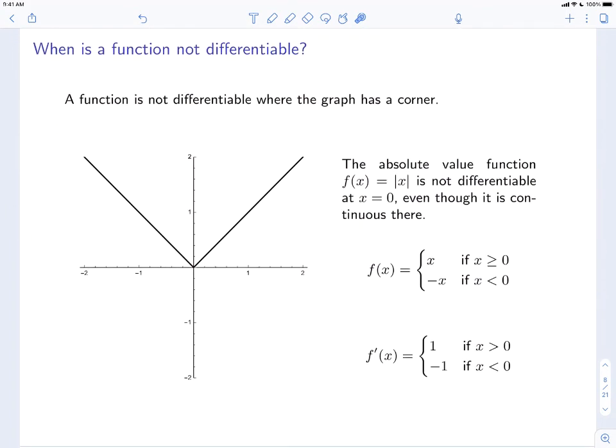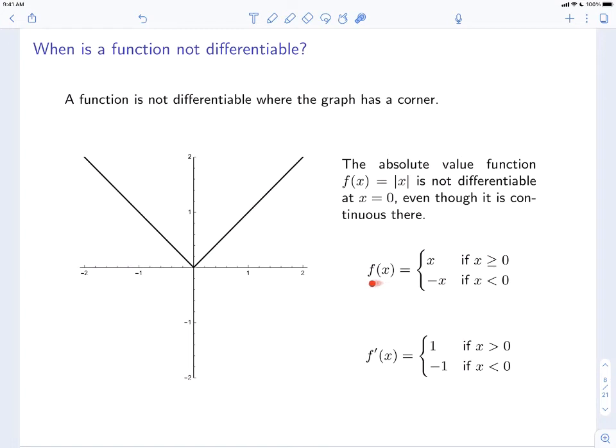Something that helps understand what it means to be differentiable is to take a look at what it means to not be differentiable. For example, a function is not differentiable when the graph has a corner. This is the graph of the absolute value function, and it has a corner at the origin. If there's a corner, you won't have differentiability.